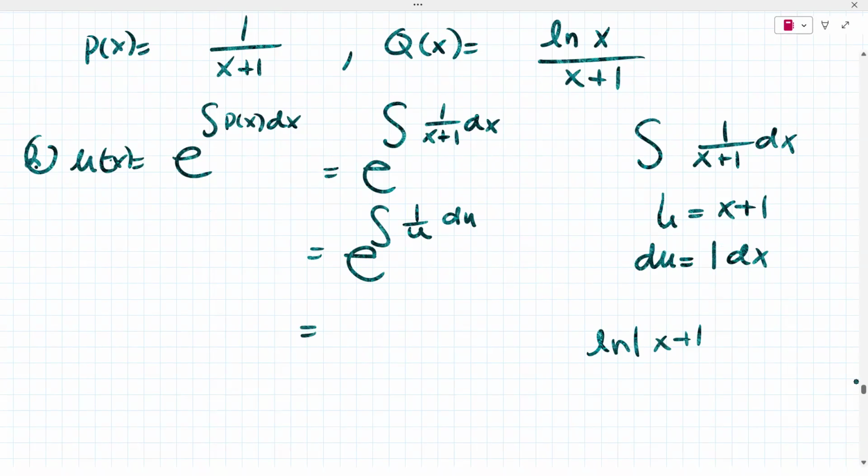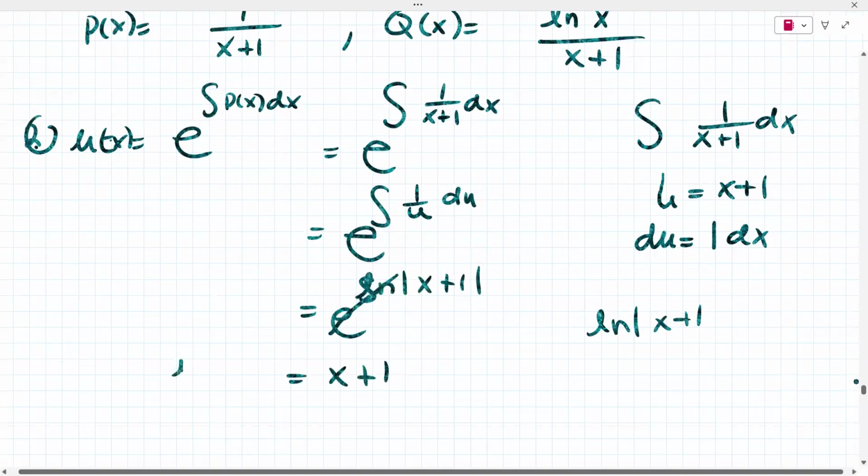So it's going to be e to the integration, or the integration of 1 over u is the same thing as ln of absolute value of x plus 1. And the ln e cancels, you're just left with x plus 1. So that is your mu.